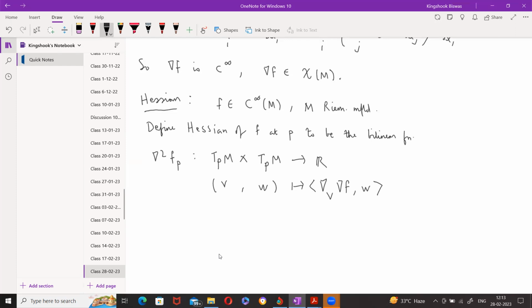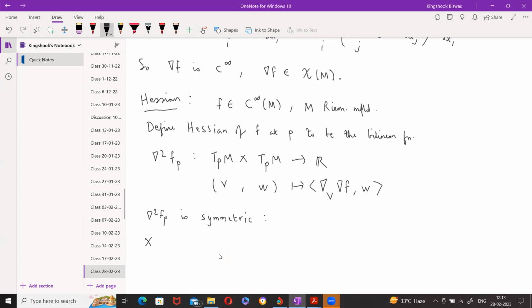The first thing to show is that this Hessian is actually, like in R^n, a symmetric bilinear function. So the Hessian is symmetric. How do we show this?